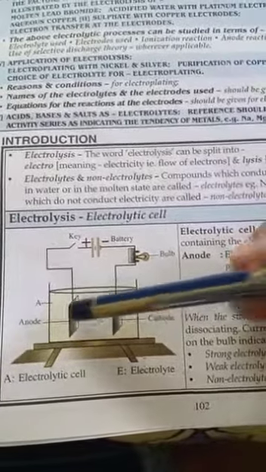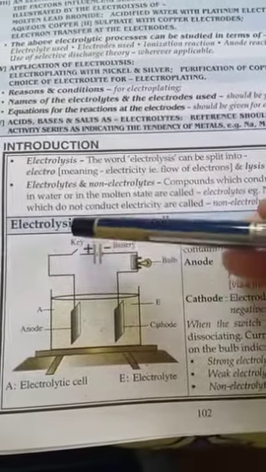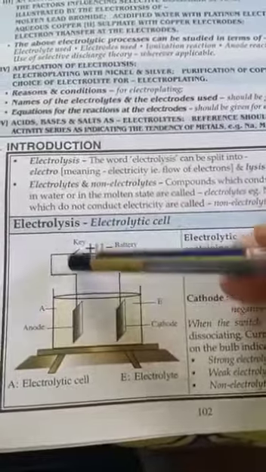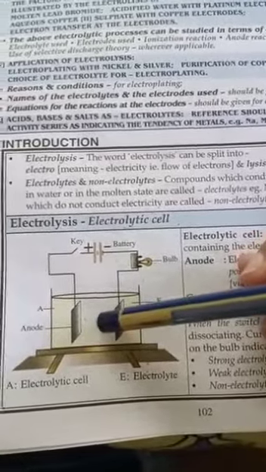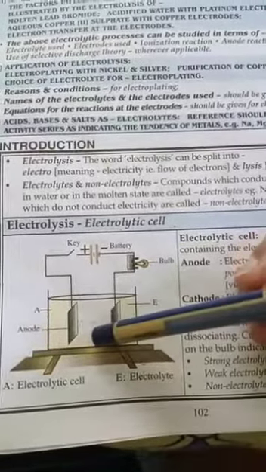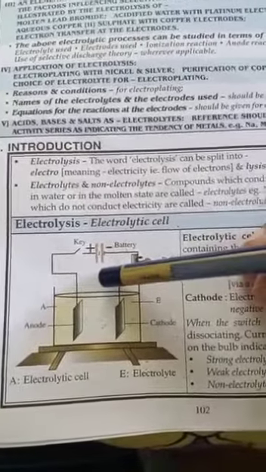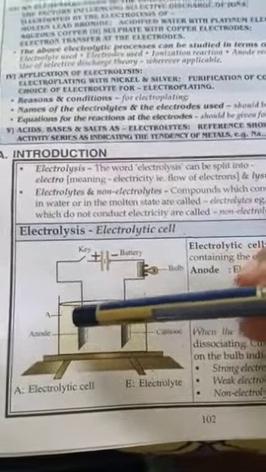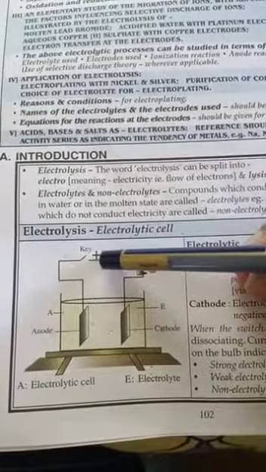So these metal plates or rods are known as electrodes. Electrodes allow the electricity to enter or leave the electrolytic solution. Now you can see that one of the metal plates is connected to the positive terminal of the battery.